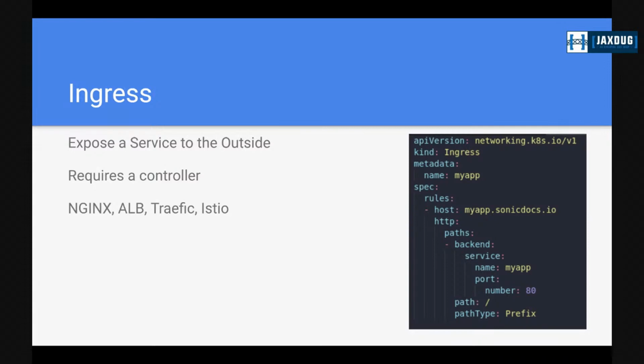So an ingress exposes your app to the outside world. The default one that comes with Kubernetes is backed by Nginx. The Nginx company also makes their own controller, and you can use the pro version of Nginx that you pay for with that. If you run on Amazon, you can use application load balancers.